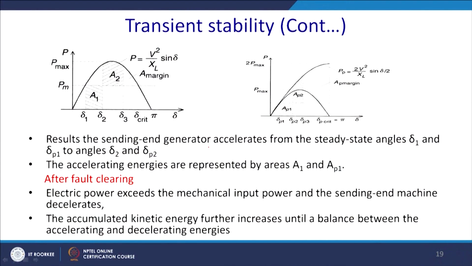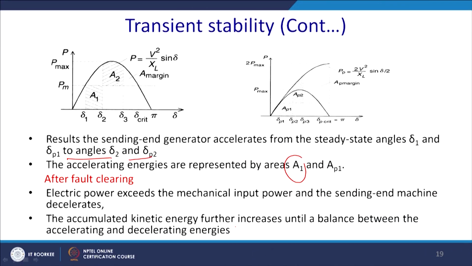This results in the sending end generator accelerating from the steady state angle delta 1 to delta 2, and delta P1 to delta P2, and the accelerating energies are represented by A1 and AP1 respectively, with and without FACTS devices.